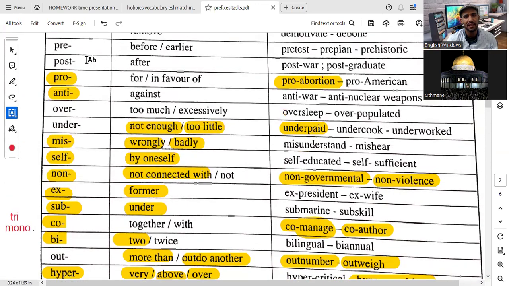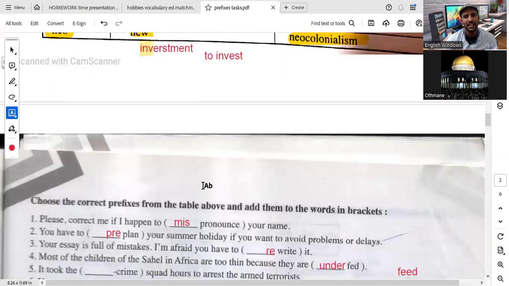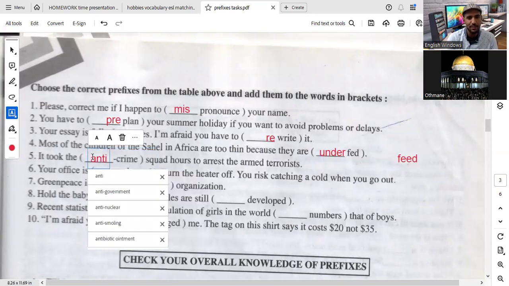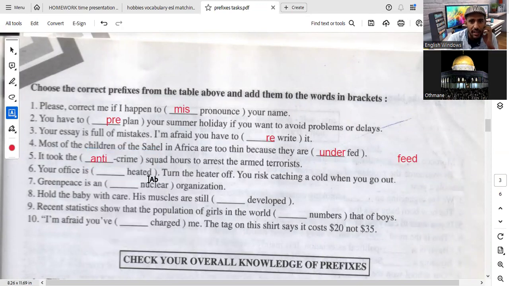Against very simply means anti-crime. Anti-crime, ça veut dire c'est contre الجريمة, yes, right? Anti-crime squad. Yeah, it took the anti-crime squad hours. يعني تطلب يعني من فرقة مكافحة الجريمة ساعات to arrest باش يوقفوا to arrest the armed terrorists يعني الإرهابيين المسلحين.